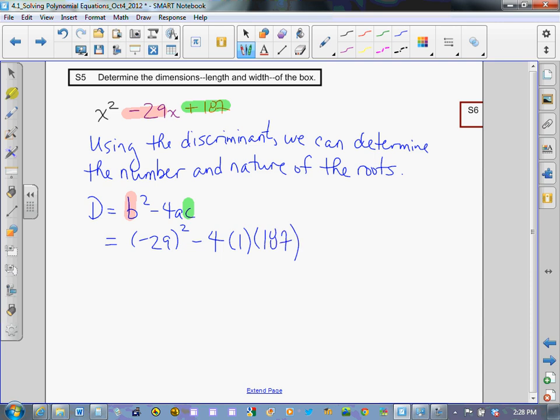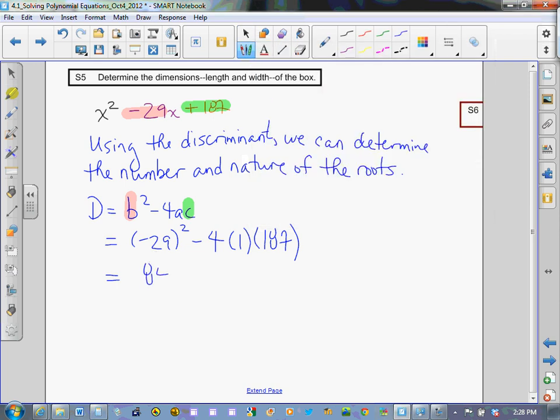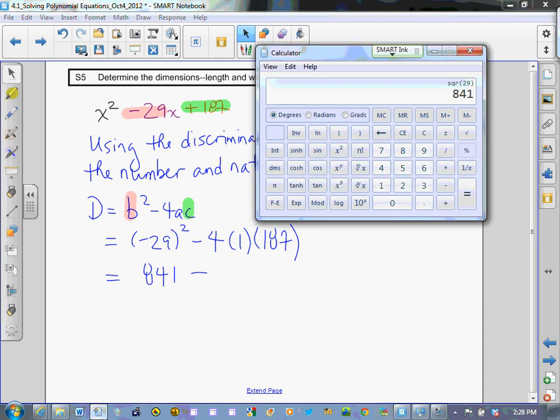If we move further along and we square 29, which is approximately 900, right? 30 by 30 would be it. So let's square 29, see what we come up with. 841 is our product there, minus 4 187s. Okay, 4 187s. So again, let's multiply that out.